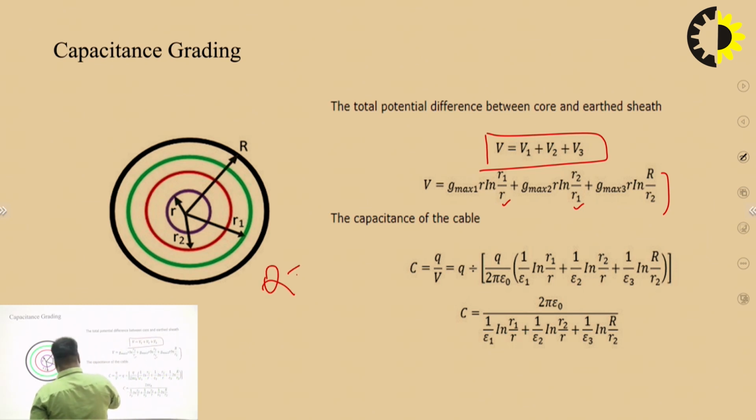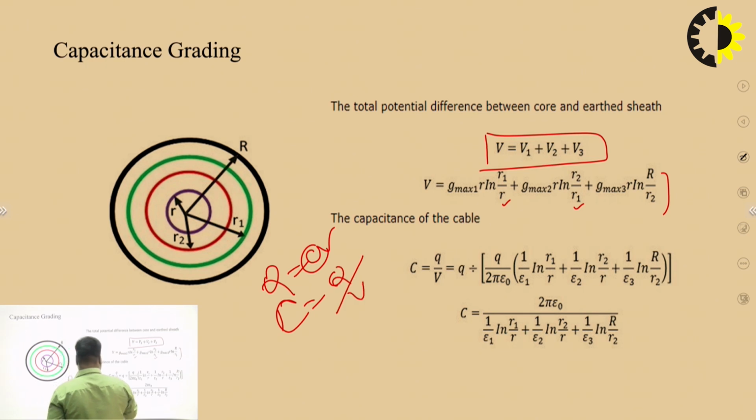What is Q? Q equals CV, and I wish to calculate the total capacitance. So C equals Q by V, that is Q over the V on this side, which is inverse.